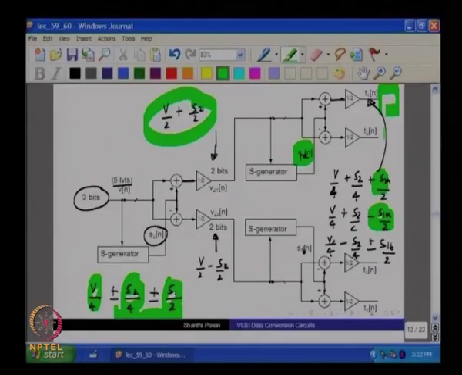So if there was no mismatch in these unit elements which these thermometer drive sequences will be driving, what can you expect of the combined waveform?